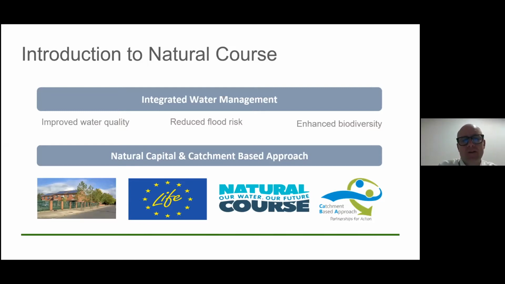So we are trying to identify and understand innovative and cost-effective solutions for a range of water management issues, and where possible using natural capital approaches to help deliver multiple benefits.